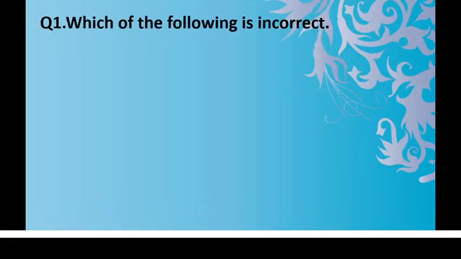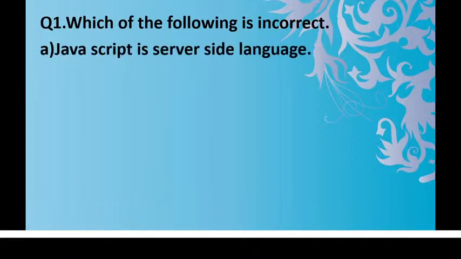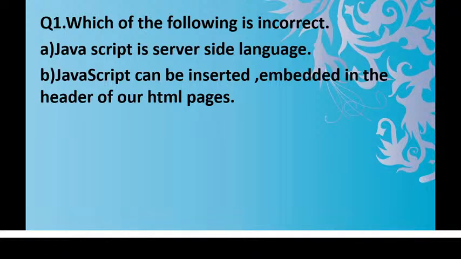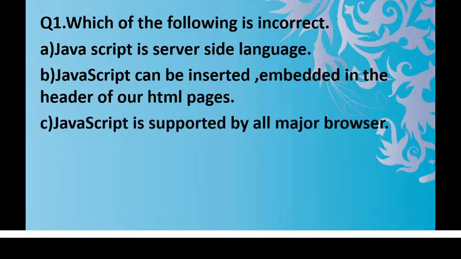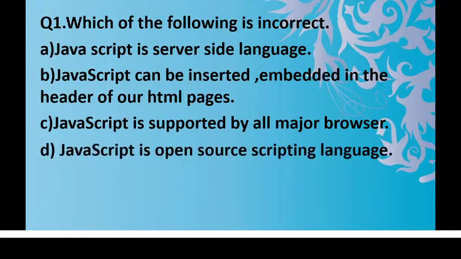Question number 1. Which of the following is incorrect? A, JavaScript is server-side language. B, JavaScript can be embedded in the header of our HTML pages. C, JavaScript is supported by all major browsers. D, JavaScript is open source scripting language.